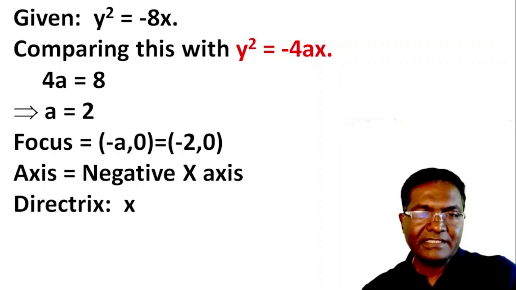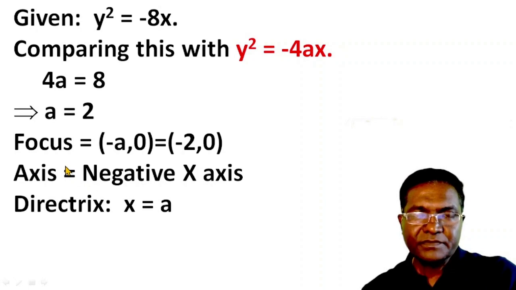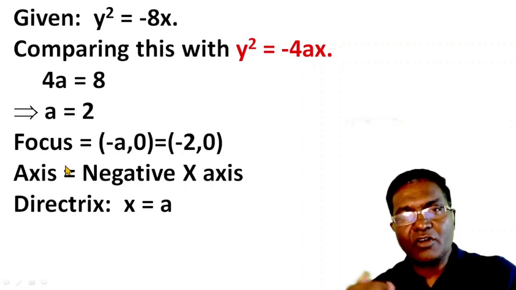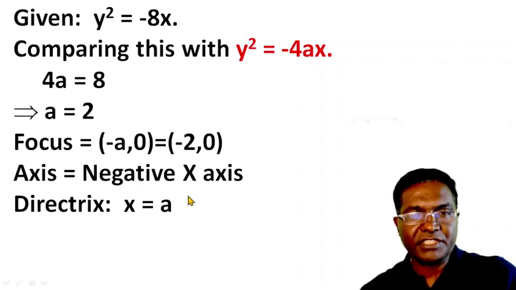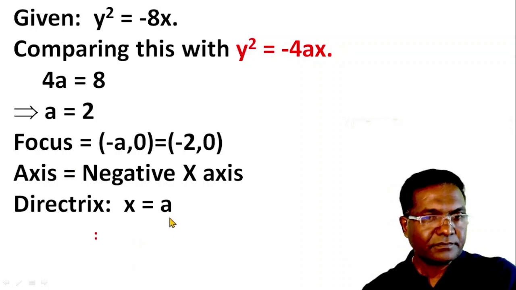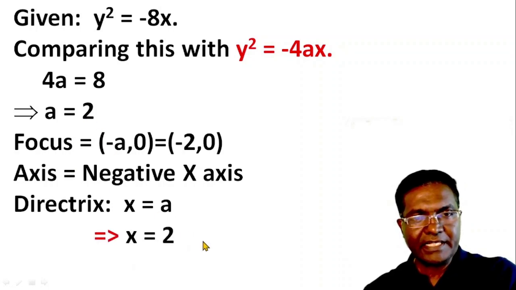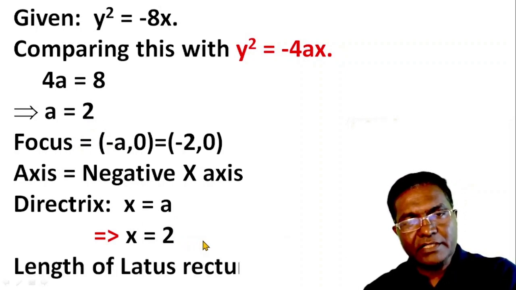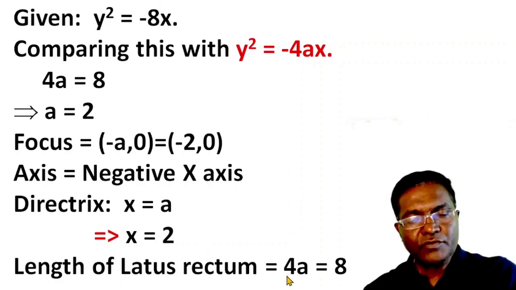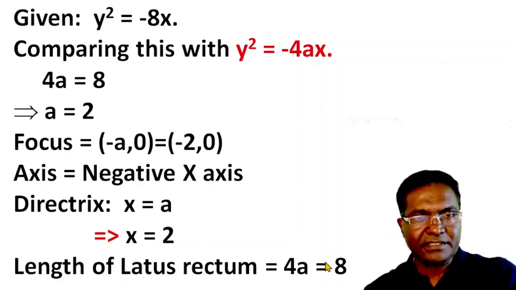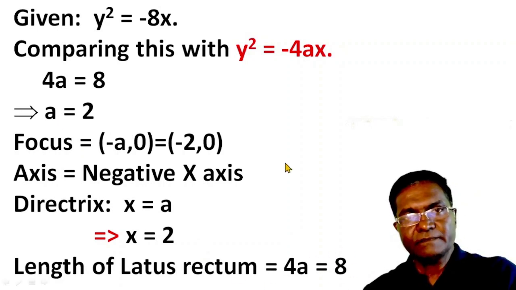Directrix is x equal to a. Because focus is on the left side, directrix is on the right side of the origin. So x equal to 2 is the directrix. Length of latus rectum, as usual, is always positive. So 4a, that is 8.